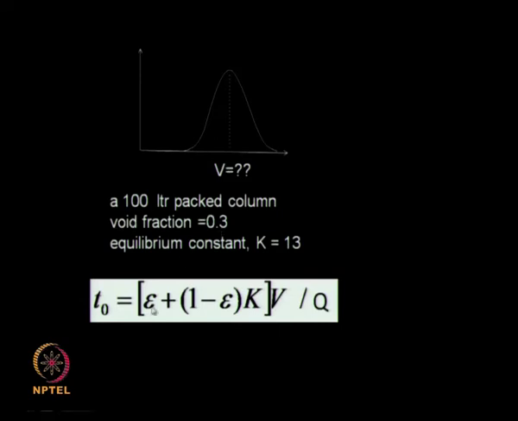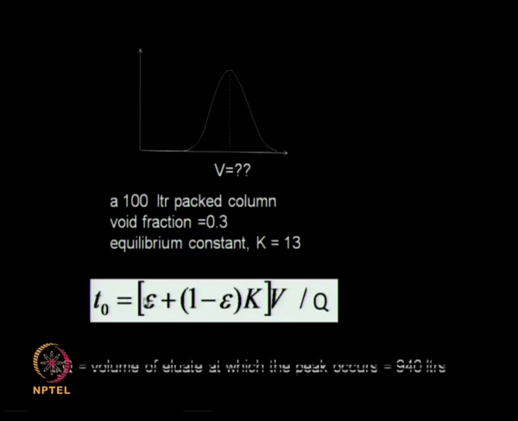Now I know epsilon which is 0.3, I know K which is 13, I know V which is 100 liters, so I just substitute and calculate the elution volume, very straightforward, that is equal to 940 liters. So it means that I have to collect 940 liters of the solution and then the peak will appear.